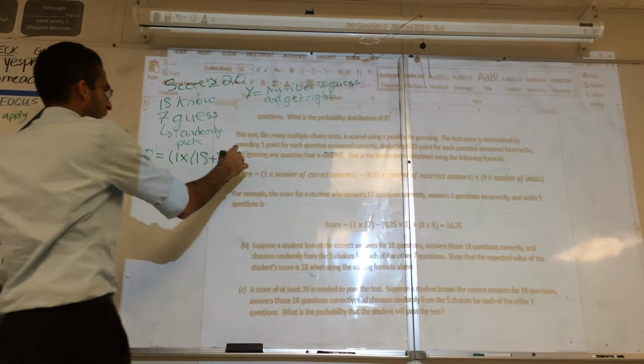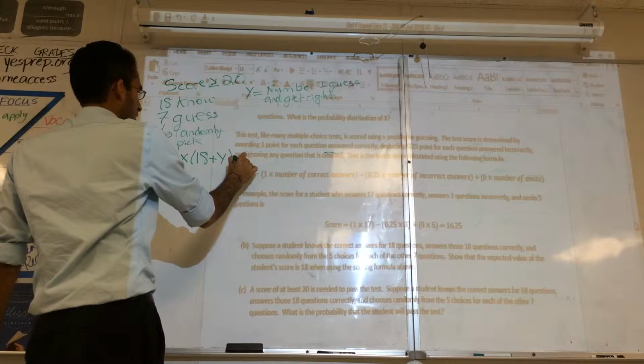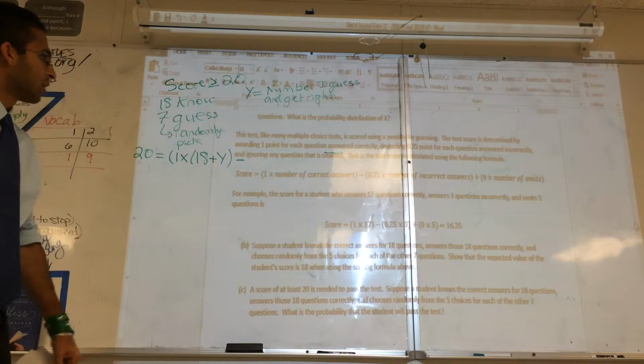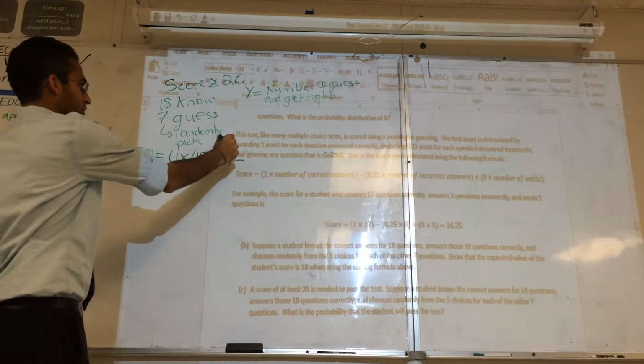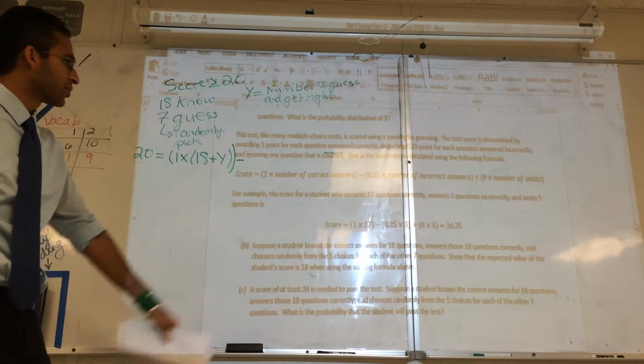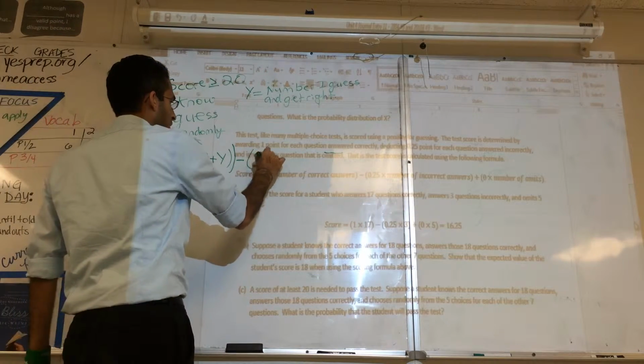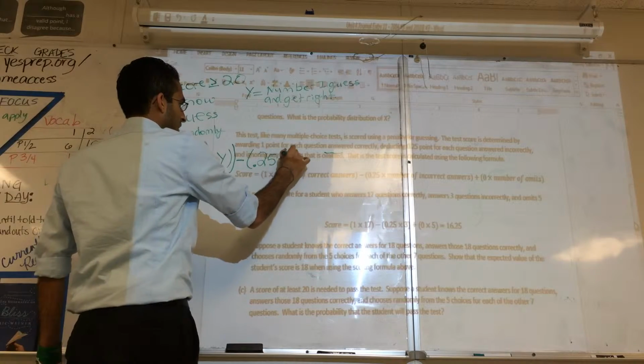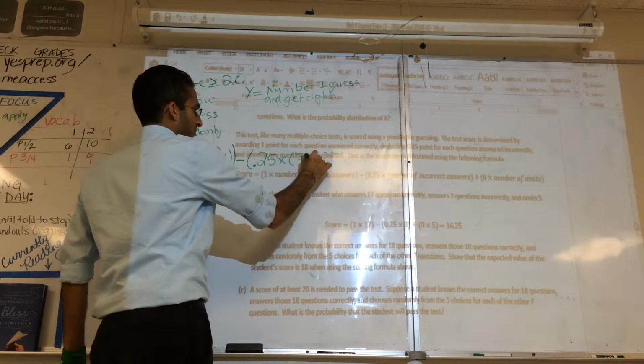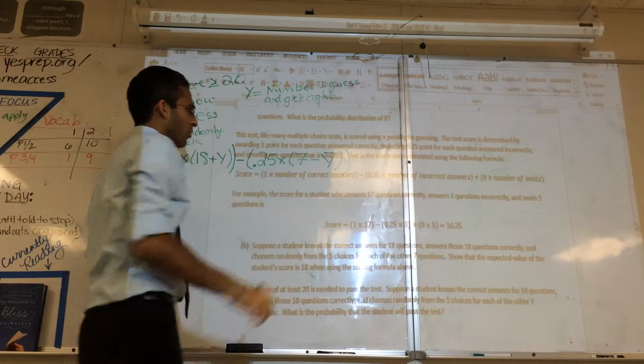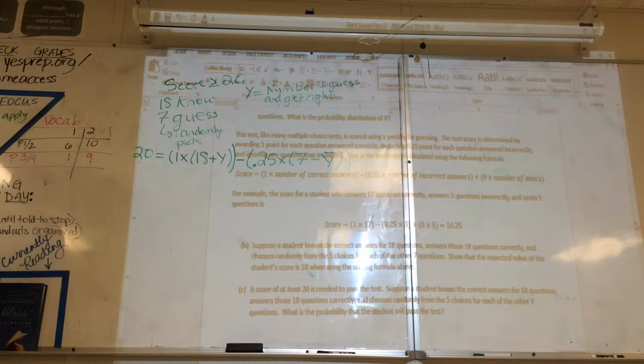Then I'm going to subtract, let's close this parentheses, 0.25 times 7 minus y. Does anybody remember why we did the 7 minus y from last class?